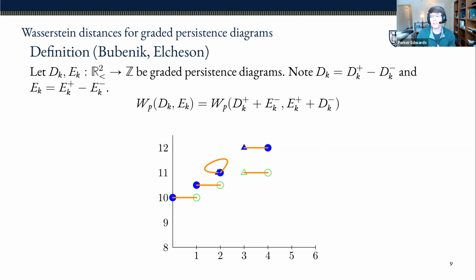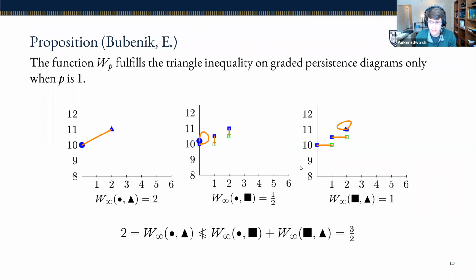And there's so much structure from landscapes. You might be hopeful that it's enough that you could do something with it. So this is the first warm up to thinking of these metric properties, and in fact this doesn't work. So you still only get the triangle inequality for p equals 1, even when you restrict yourself to the structure of graded persistence diagrams.